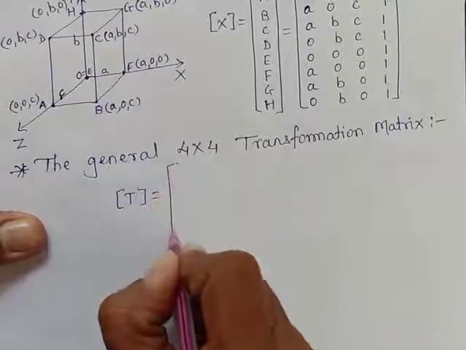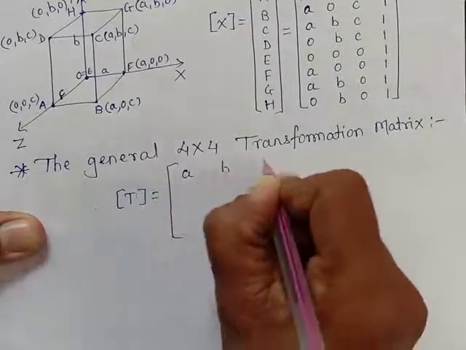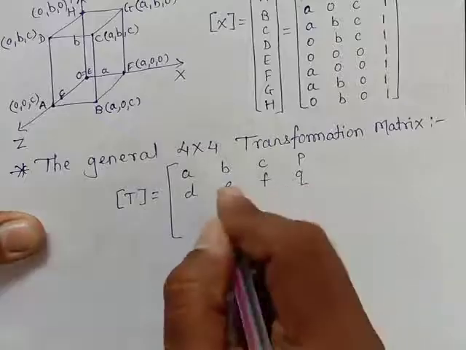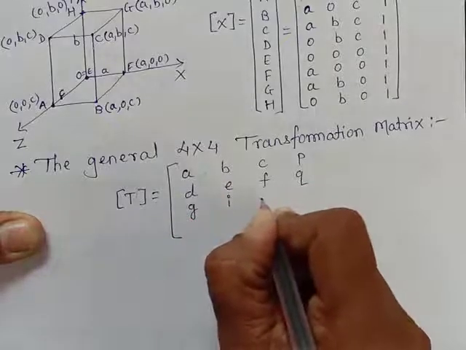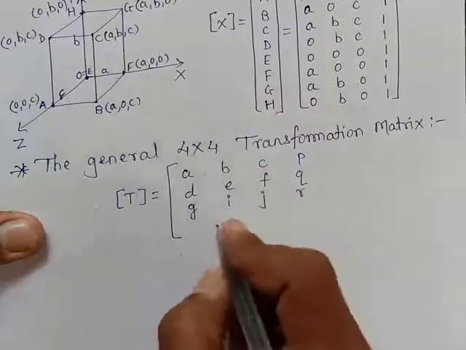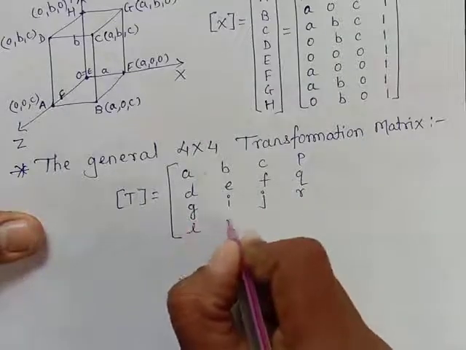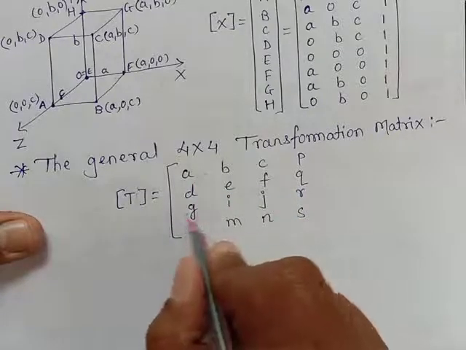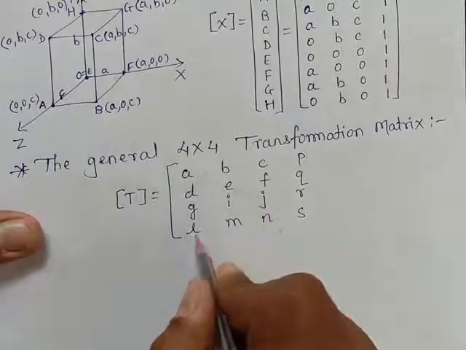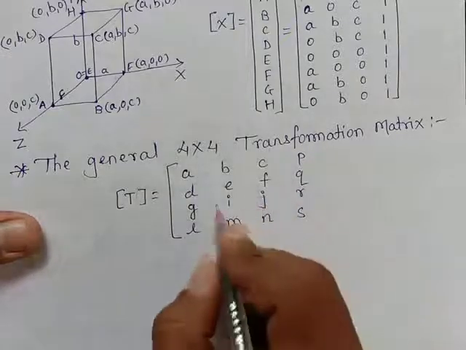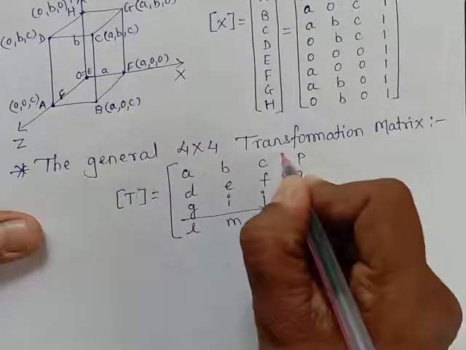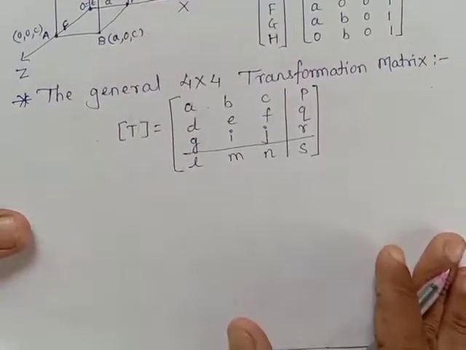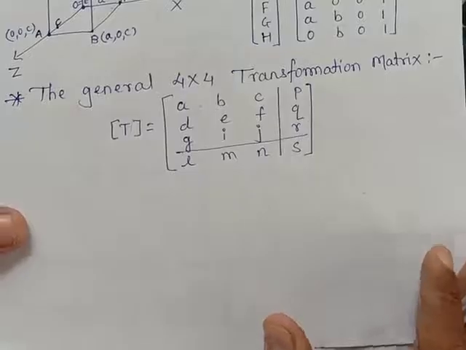T is the matrix with rows A, B, C, P; D, E, F, Q; G, I, J, R; L, M, N and S. We are dividing it into parts as such. Its parts are as such. Now, what do they represent?